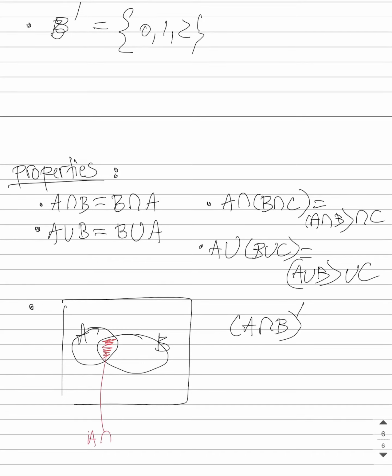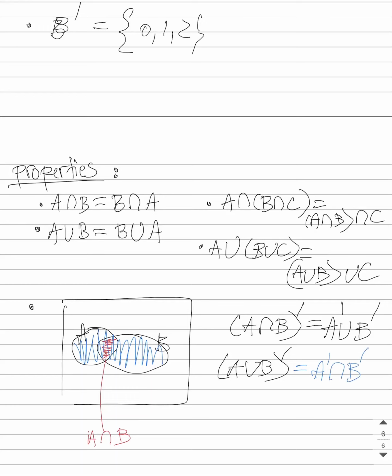There's A intersect B. So if I want everything outside of that region, it turns out, and you can take a little sketch and see this for yourself, it's going to be the union of everything outside of A with everything outside of B. And similarly, if I were to be interested in everything outside of the union of those two sets, it would be the complement of A intersect with the complement of B. Now, this isn't necessarily obvious, so I recommend that you try to sketch it out and sketch them out individually and take a look to see if it makes sense in your brain.